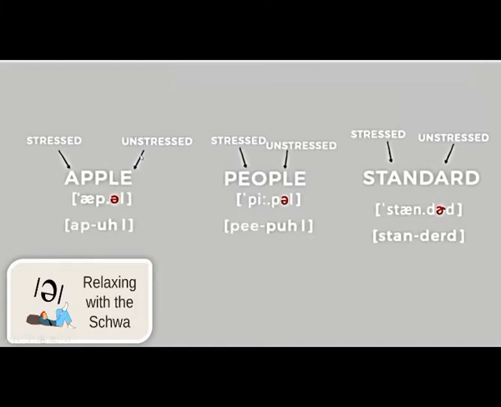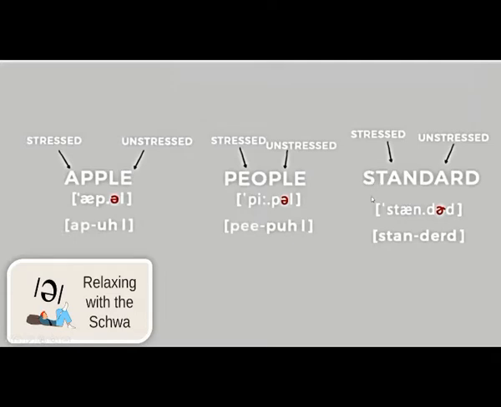The second word, people. The first is stressed, and the last one is unstressed. So the schwa sound here is pronounced as an ah. It's unstressed, so we always say that the schwa sound is unstressed. And the third word, standard.